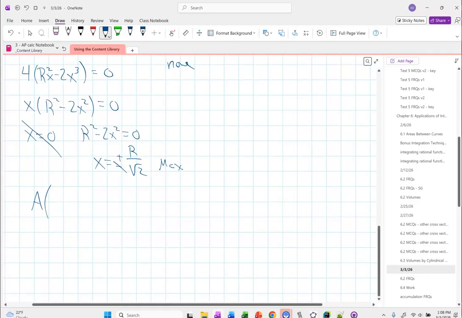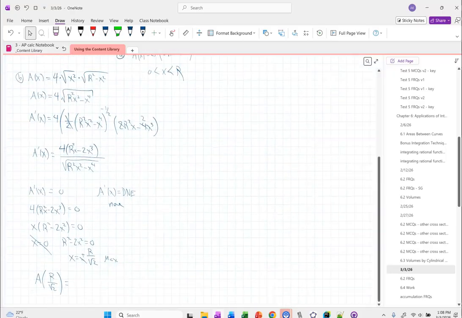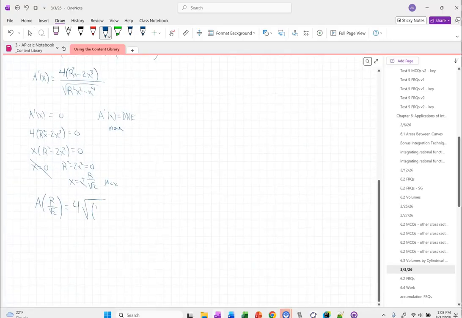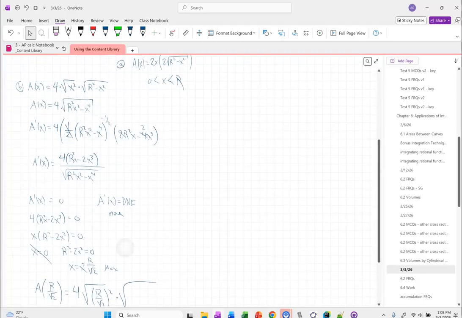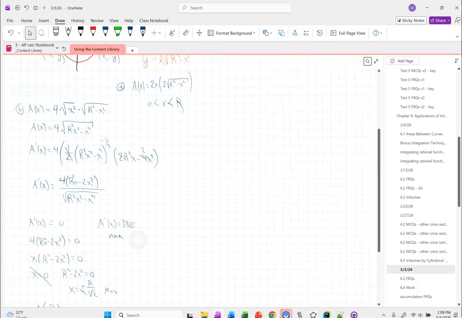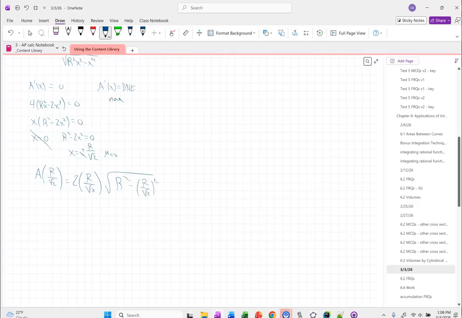So then I just need to compute A of this guy, which was, going back to get my function for A, 4 times the square root of r over square root 2 squared times the square root of, oh, I shouldn't do that. I want this. So I have 2r over square root 2 times square root r squared minus r over root 2 squared.